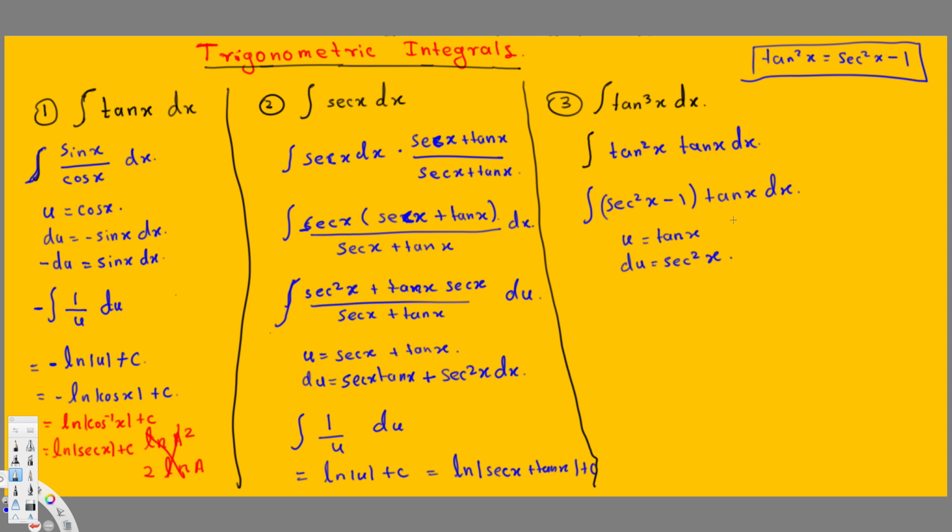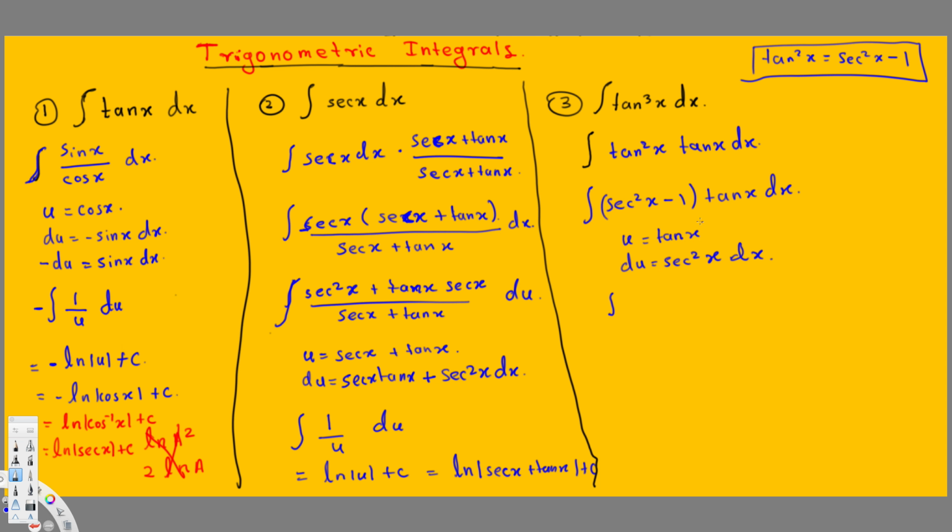Now I can write everything in terms of u. So this is sec square x dx, but I have to separate this into two parts before I do that, because we have minus 1 right here, so we can't directly substitute du.